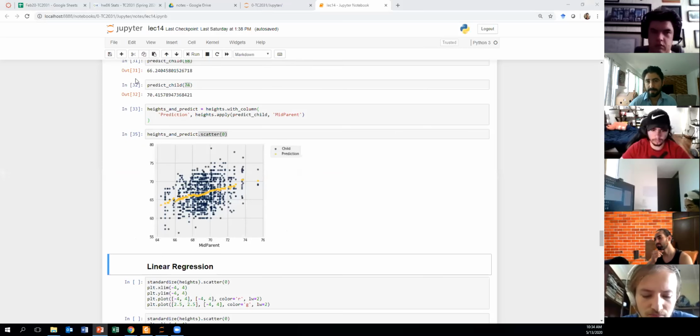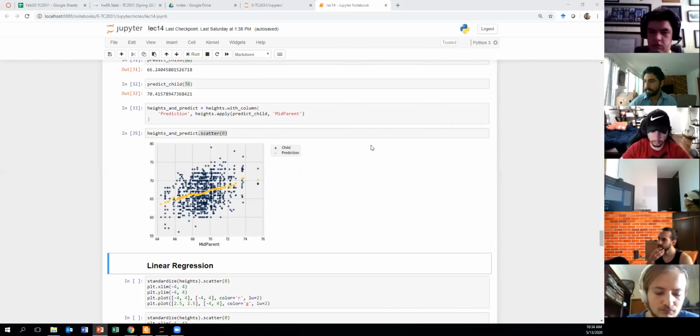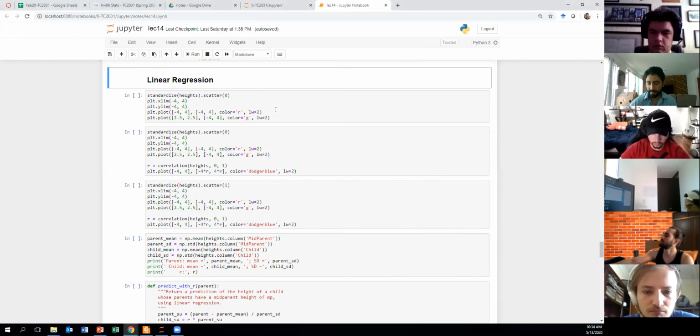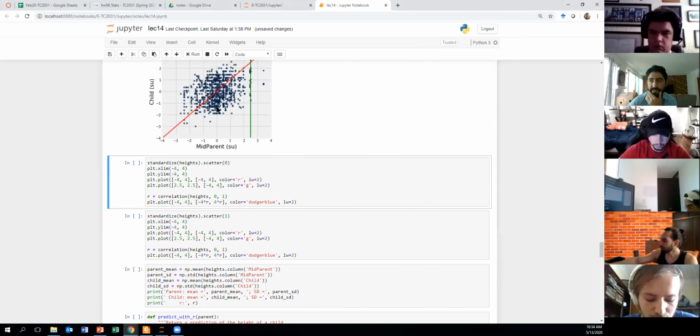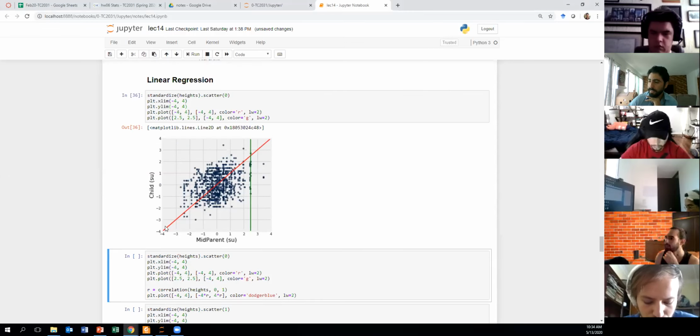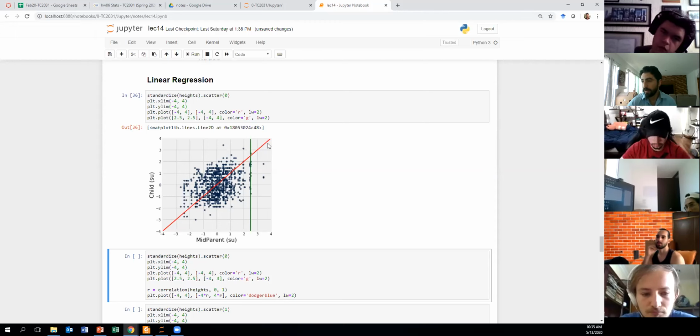Let's look at this in the data. This is the same data, child and mid-parent heights from the Galton table. This red line is just a line that I think maybe can represent my predictions. I drew this, sorry for the noise.